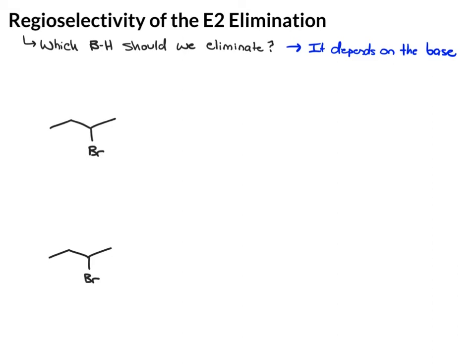The two bases we're going to look at using include the first, which is tert-butoxide. So it's oxygen with a tert-butyl group on it. This is a very large, bulky base because we have all of these carbon groups.